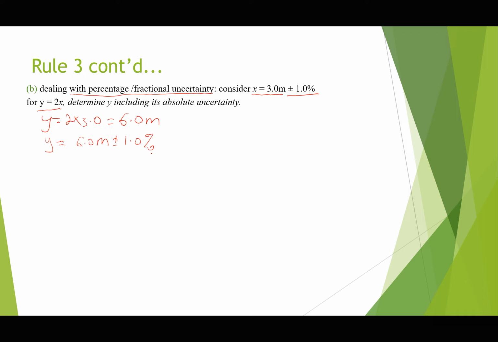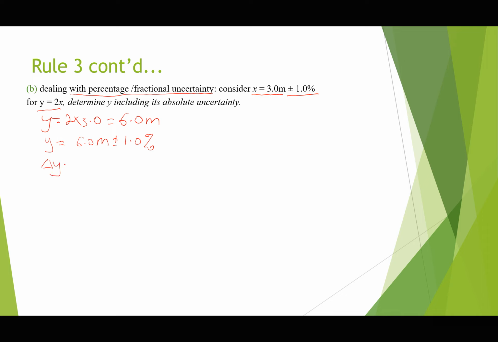I am repeating this. If you are dealing with the percentage uncertainties, the constant does not affect the percentage uncertainty. Therefore, we cannot multiply the constant with the percentage uncertainty. Let's check if we take it back to absolute.